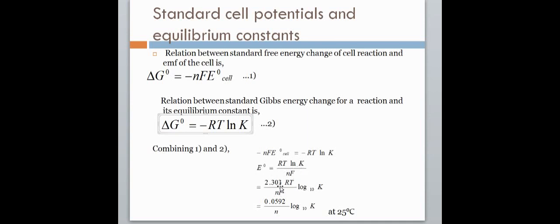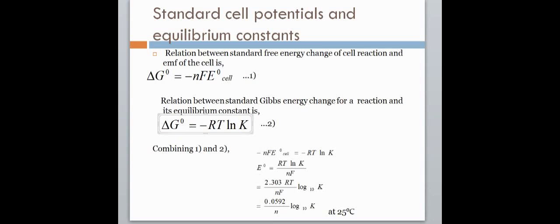So that's why I put 2.303 RT log to the base 10 K upon nF. Now 2.303 R T upon F, that is 96500, I can write down as 0.0592 and I can get rid of letter F, that is charge. So 0.0592 upon n log to the base 10 K is my cell potential.